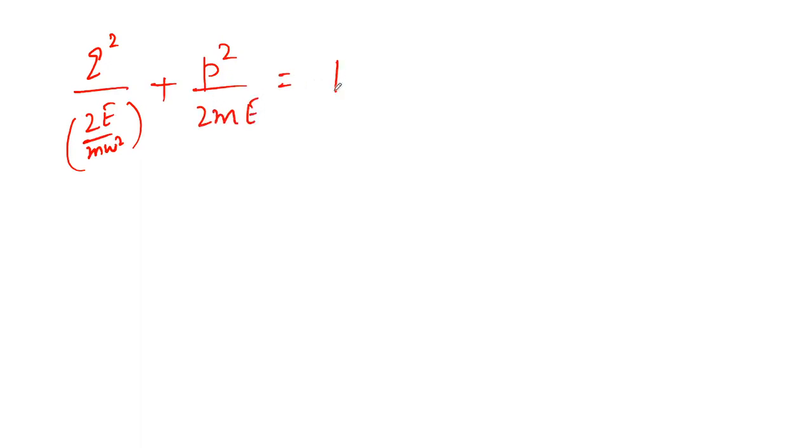So this comes out to be q² over 2E over mω² plus p² over 2mE. We have written this equation in terms of energy values, and from that we can find the value of the energy, which we know is (1/2) m ω² a², and from that we can find a² equal to 2E over mω².